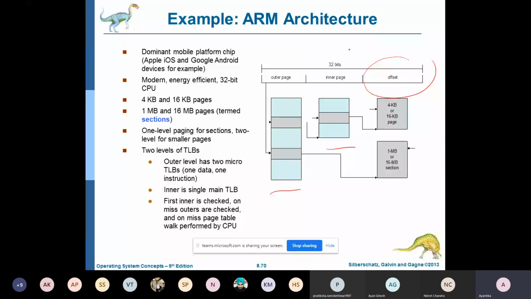Okay, so these are a few different types of memory architectures present in different processors. I will share this slide also, so you can go through this. That will help you understand what more there is in paging and what different types of paging are followed in different architectures.